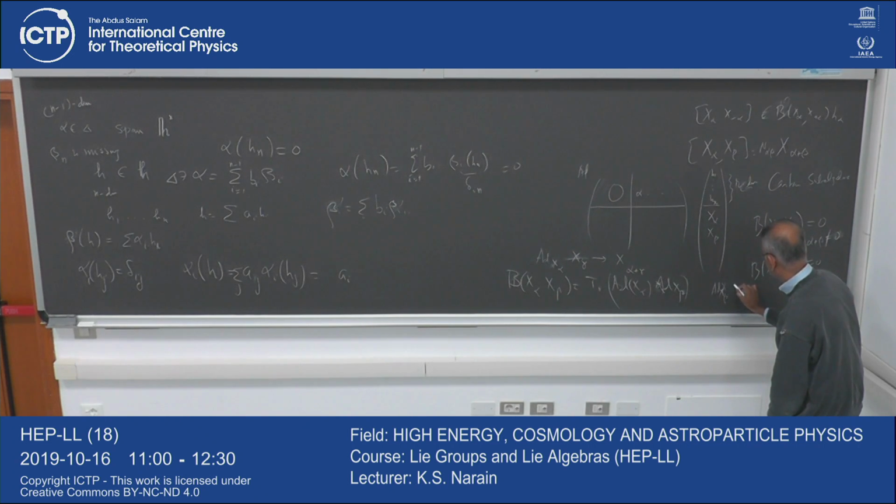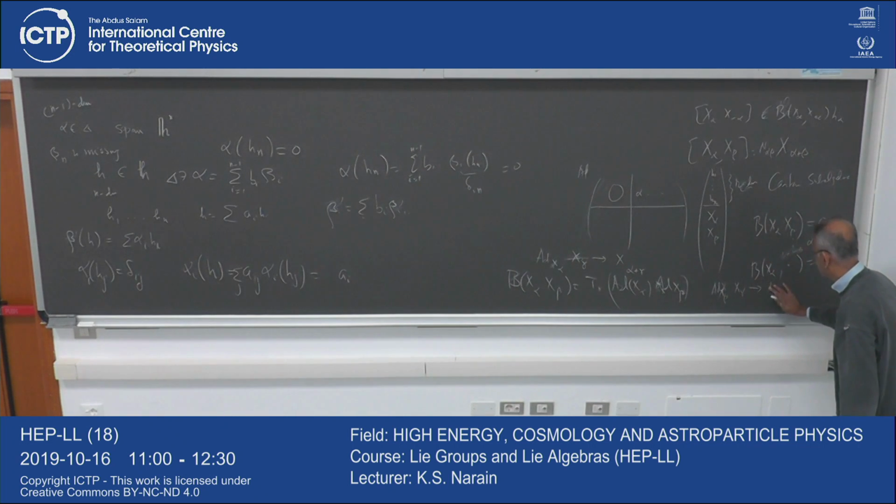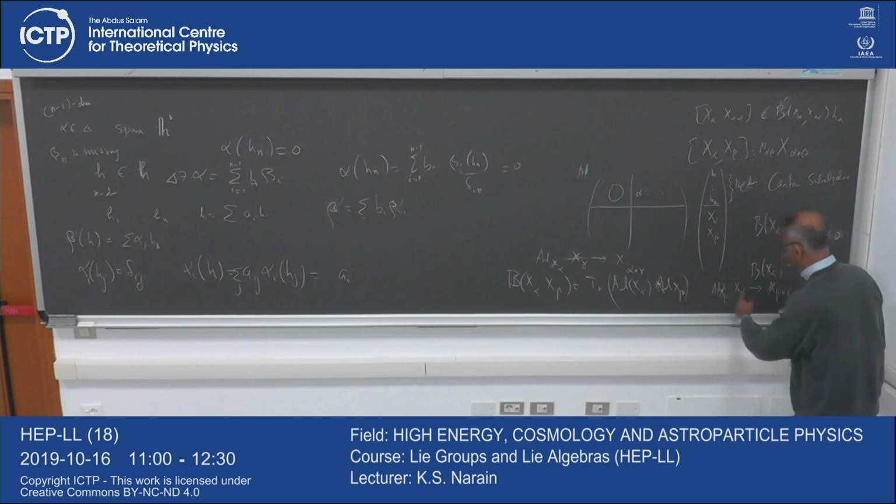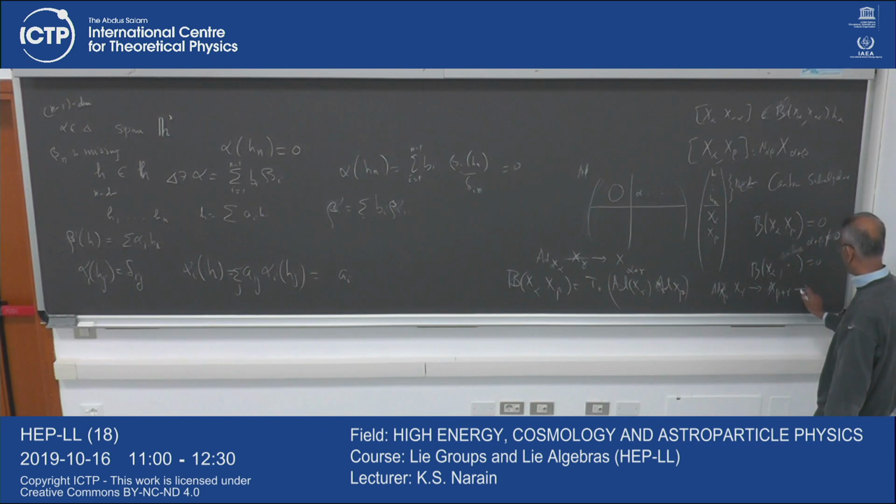acting on x gamma, it takes you to x beta plus gamma. So first I apply this, now I apply ad x alpha on that. Then I'm going to get x alpha plus beta plus gamma.